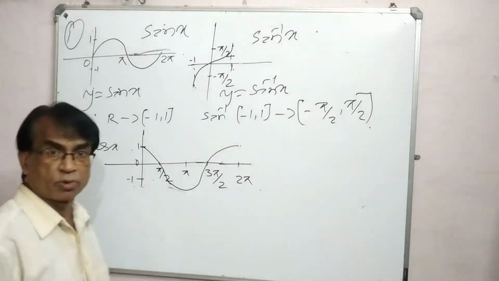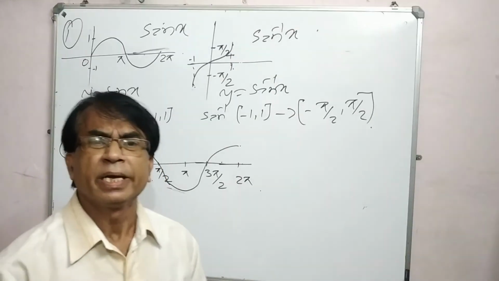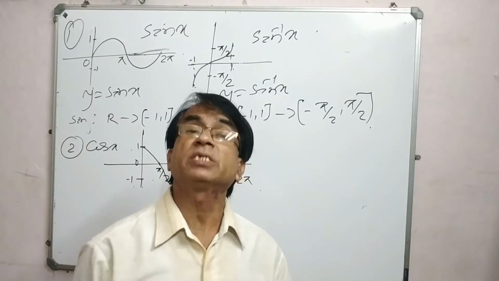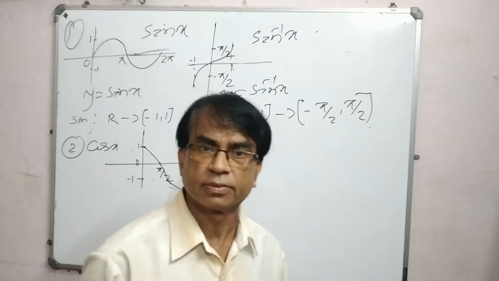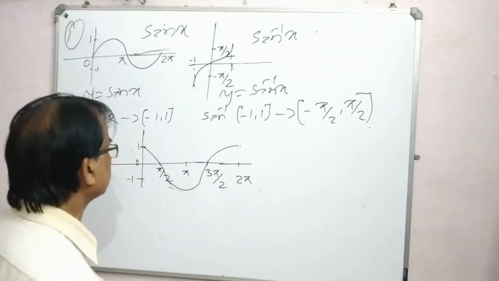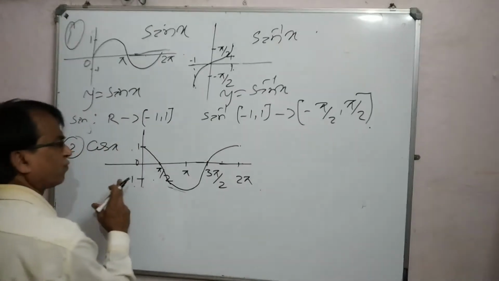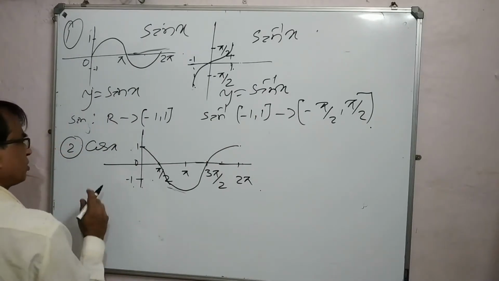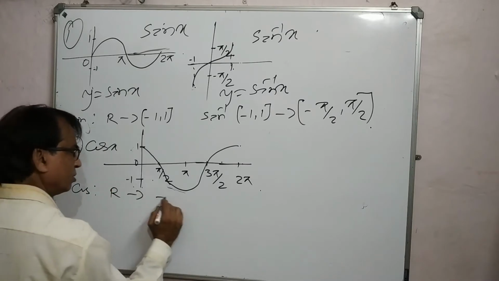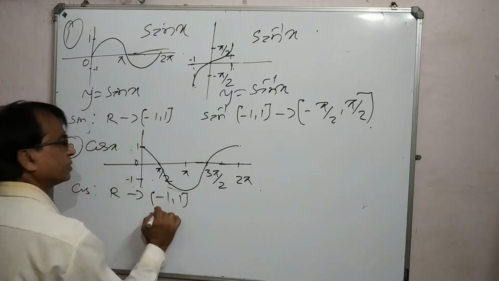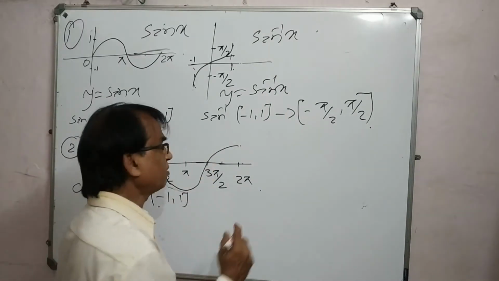The domain of a trigonometric function or any function is a set which may be a subset of the x-axis. What is the x-axis? A set of real numbers, the set minus infinity to plus infinity. So the domain always lies on the x-axis. And what we find is the range of cos is -1 to plus 1. And for the inverse, we interchange the x and y axis.